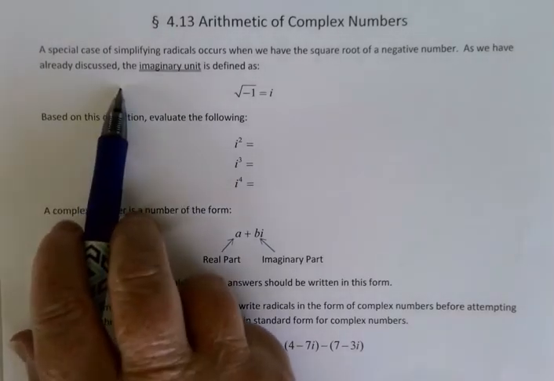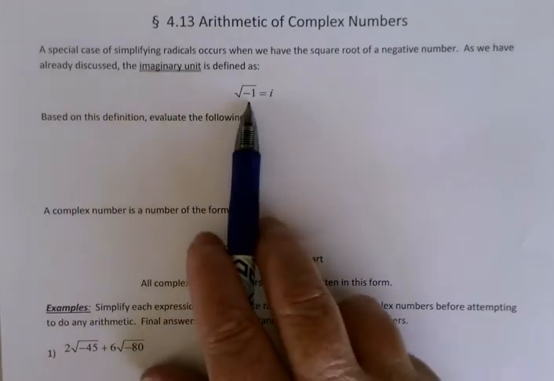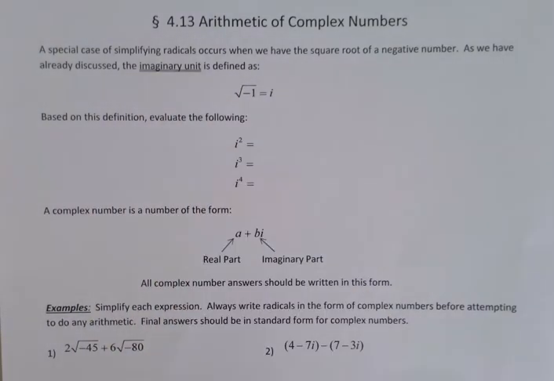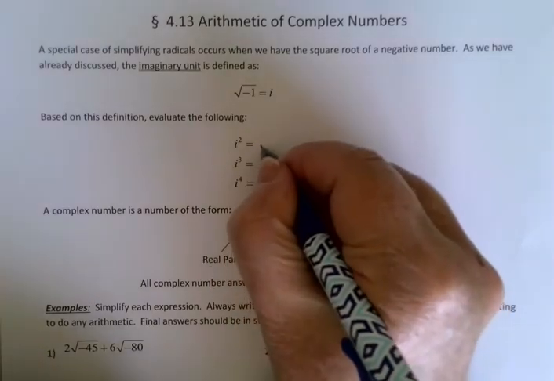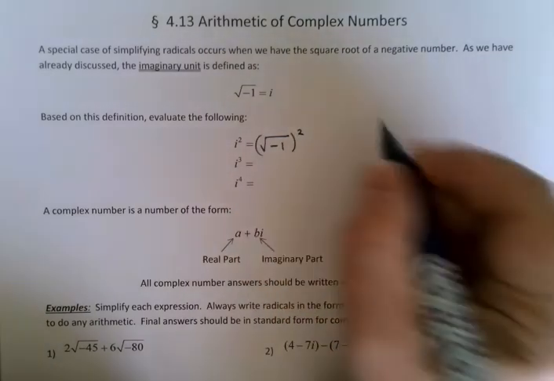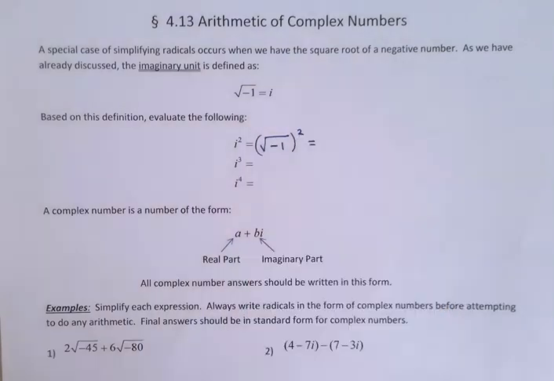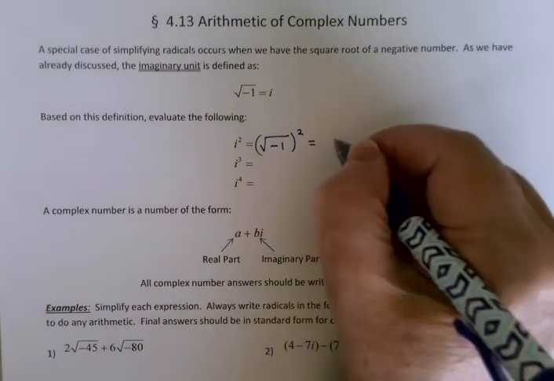So again, just as a reminder, we found the imaginary unit, i, as the square root of -1. Based on that definition, let's play around first of all with some powers of i. i squared would be the square root of -1 squared. And as we've been talking about lately, the square and the square root are inverse functions.